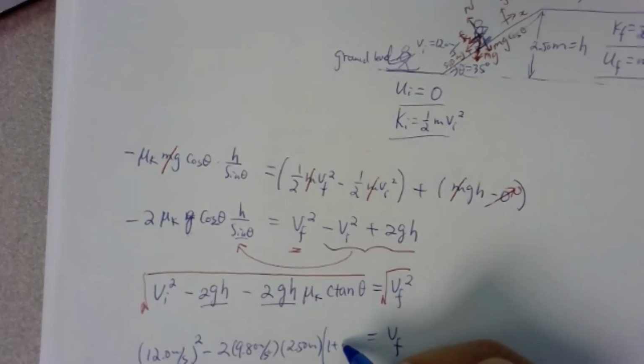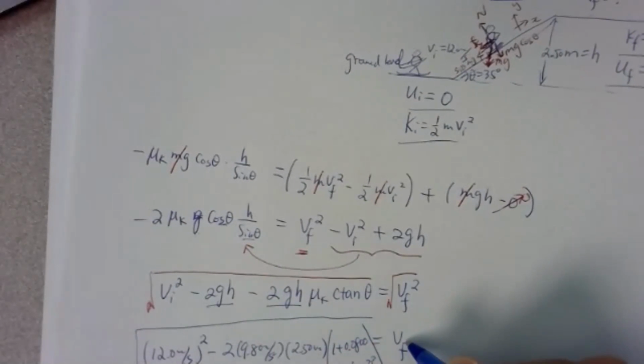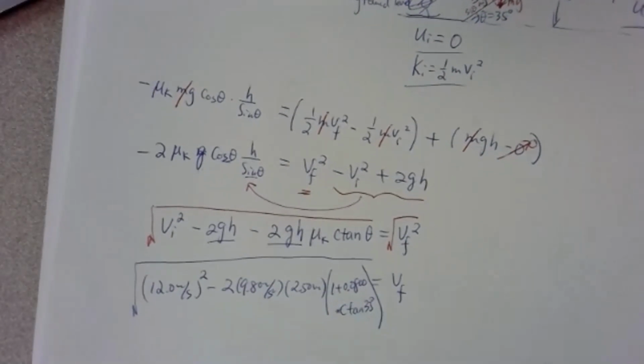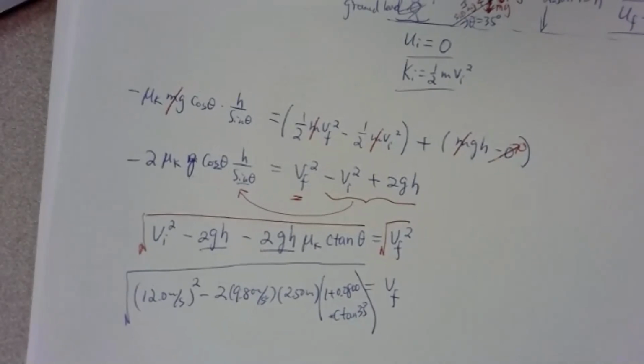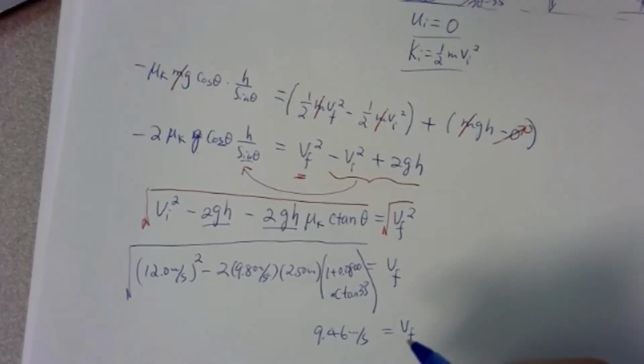Mu k is 0.0800, times cotangent of 35 degrees. This comes as the second line over here. Then take the square root of everything, and that will give you your v final. It's a bit lengthy, but if you are careful enough, you can solve all this. At the end, it turns out to be 9.46 meters per second for the final speed.